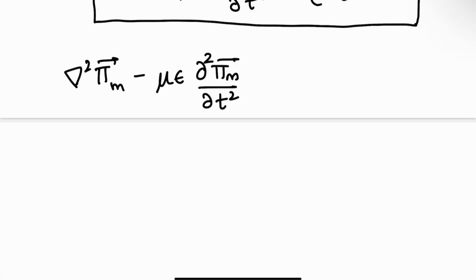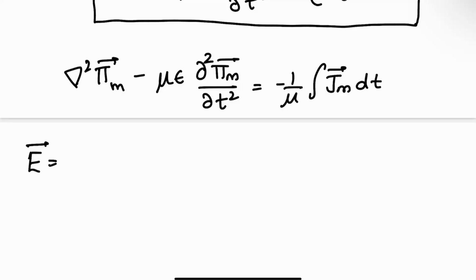And similarly, you can also find a magnetic Hertz vector potential, which would satisfy a similar wave equation, equal to minus 1 over mu integral of J_m dt. And then once you have this, E and H can be given by the following. So you can use again superposition to write both of them together. That's what I'll do here.